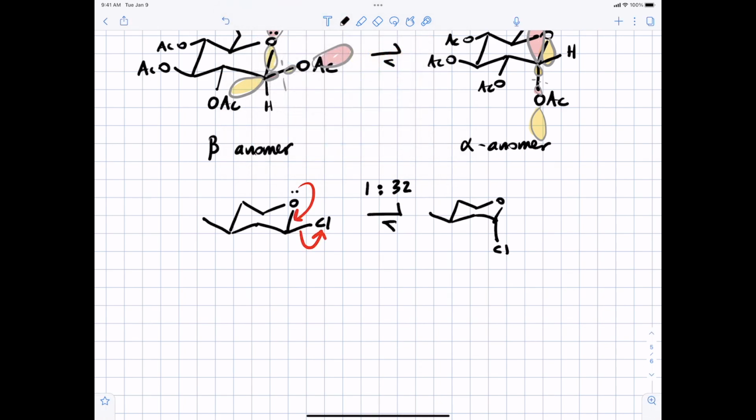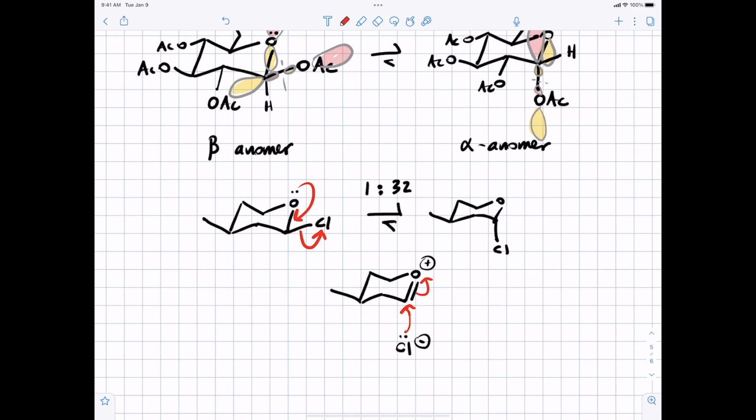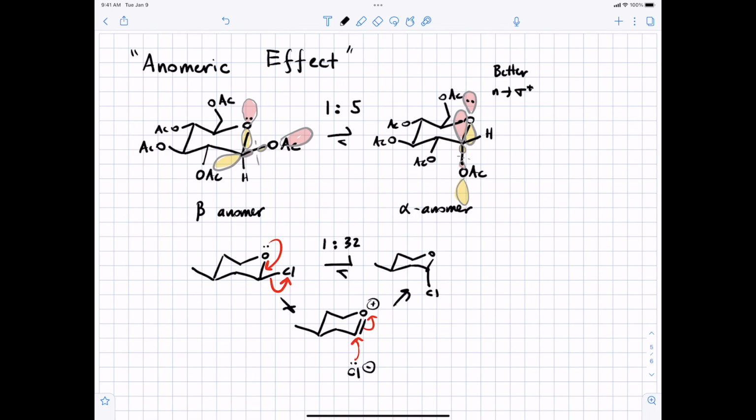You get an oxonium ion intermediate that looks like this, and then chloro can come back in from below to give you that product. So yeah, the anomeric effect and the gauche effect are all based on hyperconjugation, that is donor-acceptor interactions in the same molecule.